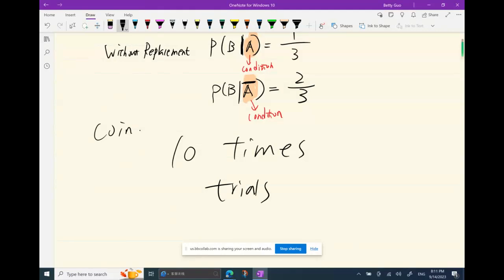And we assume a robot tosses the coin, so we do not consider psychological or emotional factors. Then the 10 trials are independent. Since the 10 trials are independent, the results of each trial are also independent. We will see something like that as well.